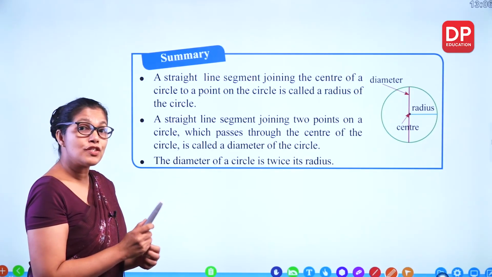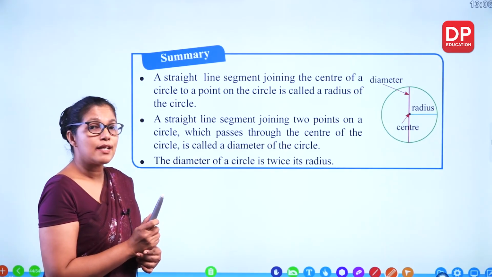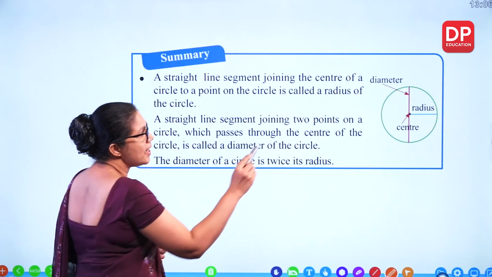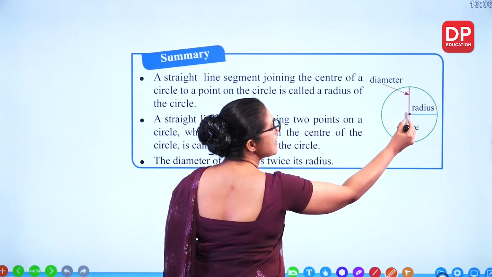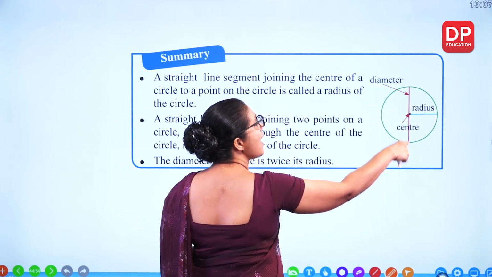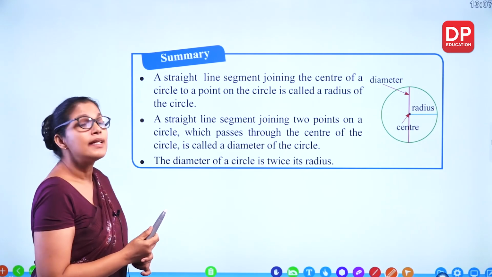And what's the relationship between diameter and radius? The diameter of a circle is twice its radius. So remember this diagram: center is in the middle, this is radius, and twice of that is the diameter.